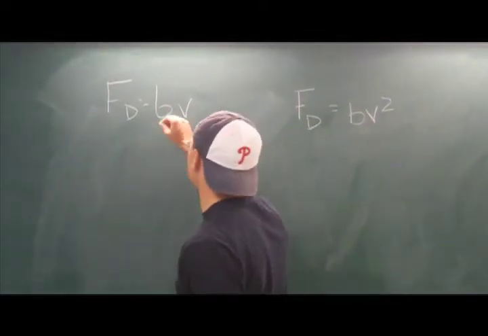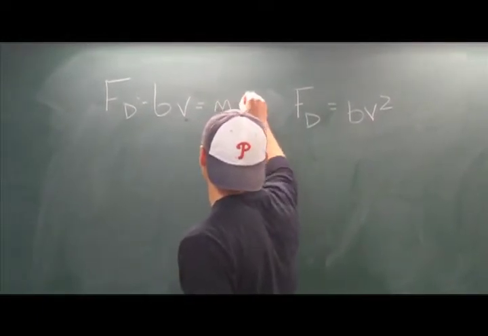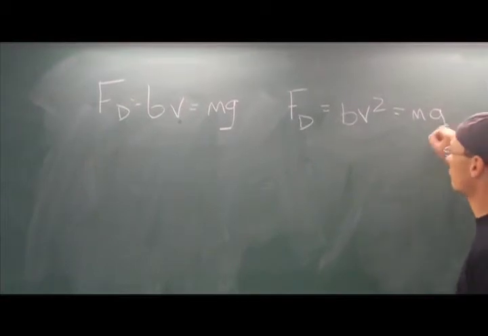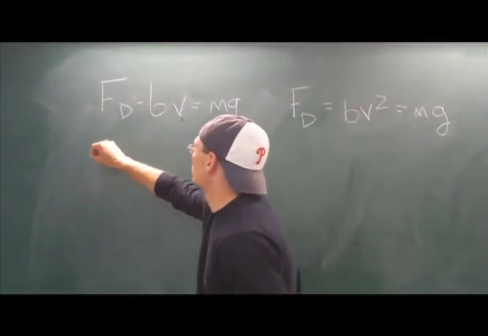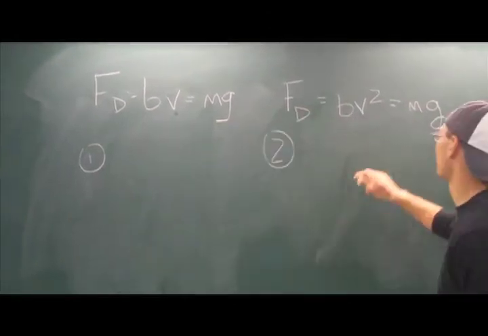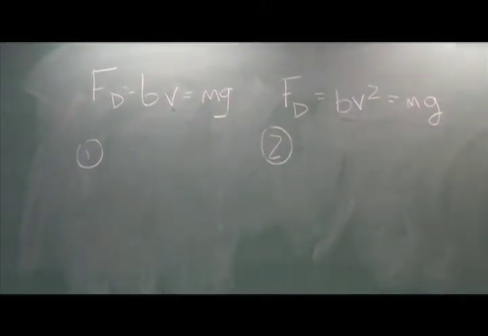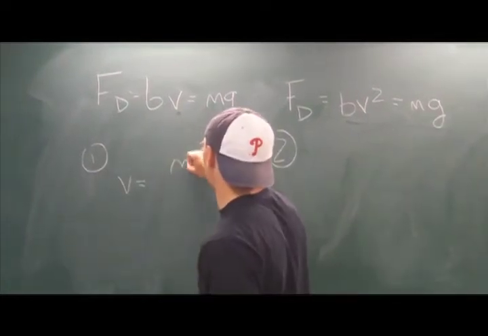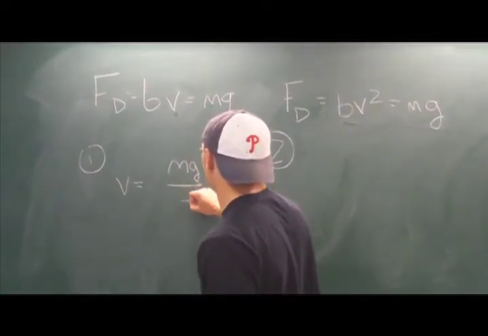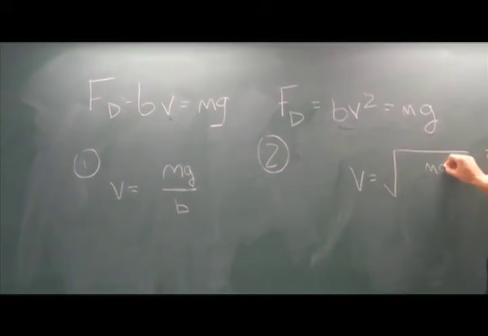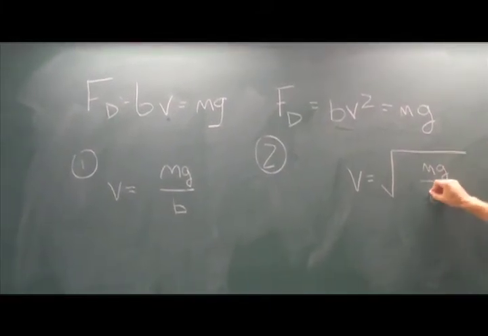We know the drag force is equal to the gravitational force, mg. Thus, we get one of two models for drag force. Fd equals bv equals mg, or Fd equals bv squared equals mg. Solving for velocity, we get v equals mg divided by b, or v equals mg divided by b to the half power.